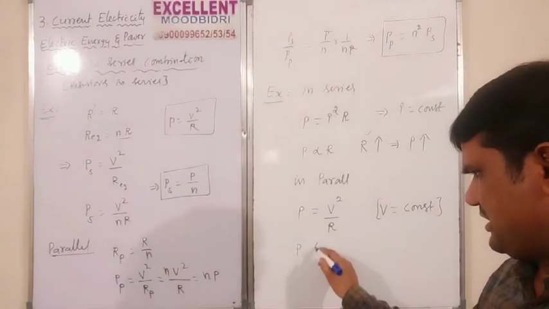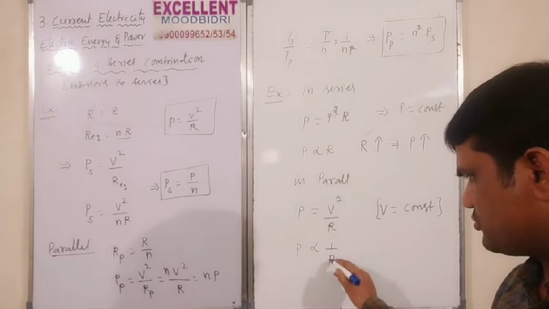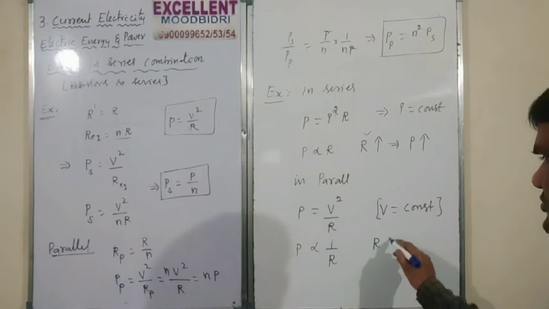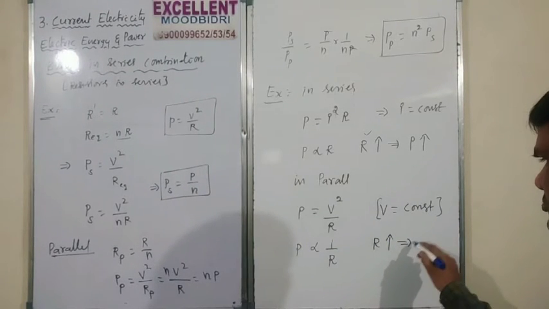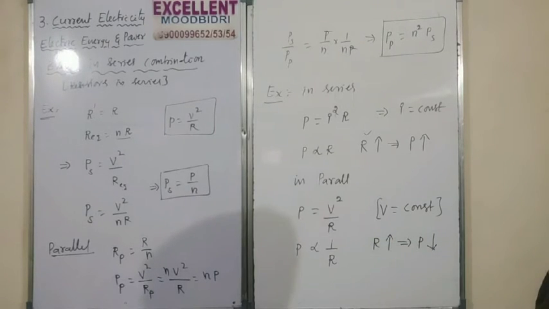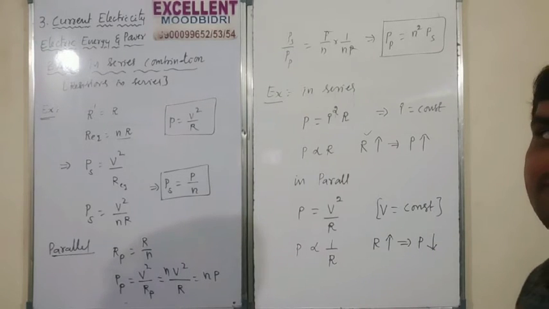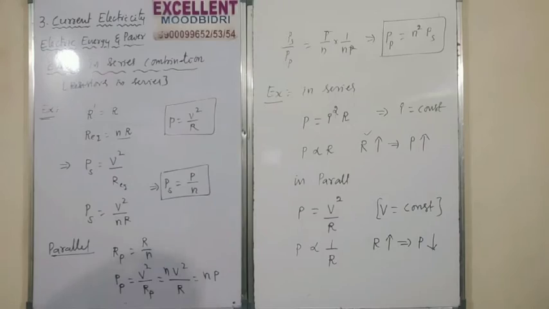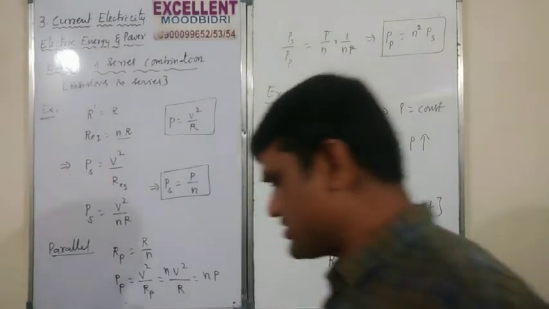Therefore, P is inversely proportional to R. That means if R is larger, power is smaller. So a larger resistance can consume lesser power. Right? This is the resistance related topic.